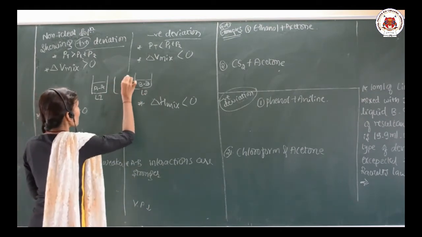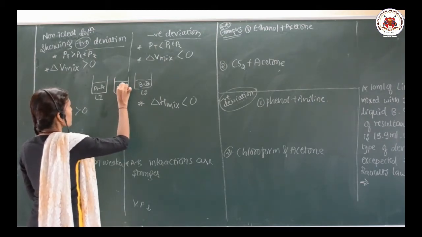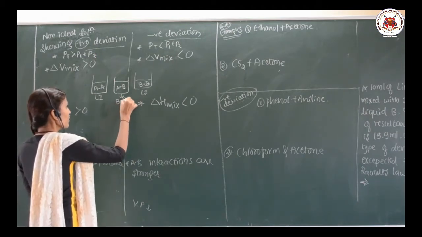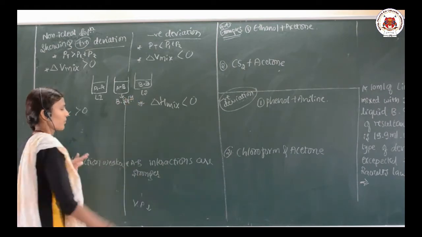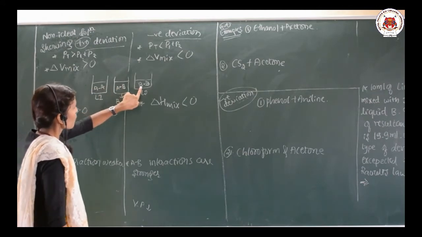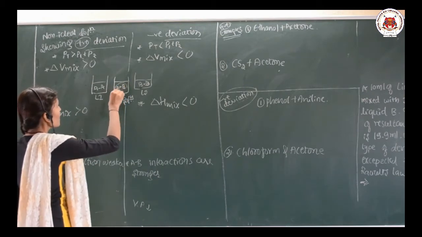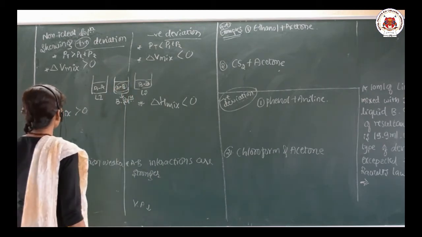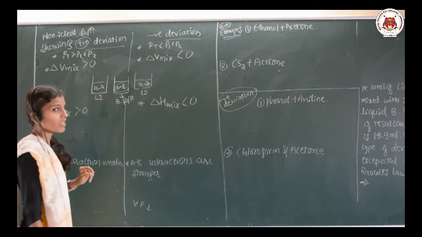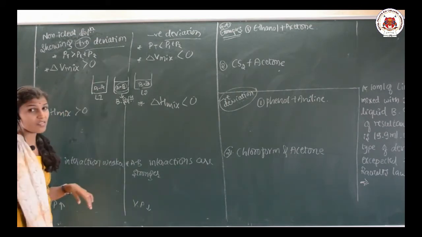When these two combine with each other, there is a formation of a binary solution which has the AB type of interaction. Here the solute-solute interactions are AA, the solvent-solvent interactions are BB, and the solute-solvent interactions are AB. So, V mixing is positive in case of positive deviation, that is greater than 0.